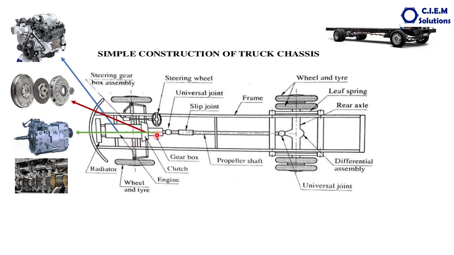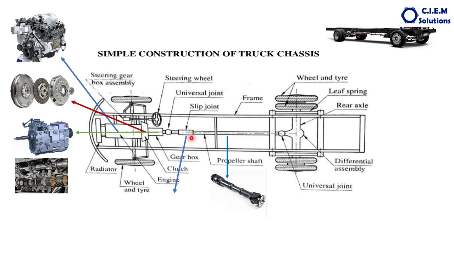Then after the gearbox, this device is called the propeller shaft. This is the propeller shaft. From gearbox to differential. This is a long steel tube made of two pieces connecting the gearbox with the differential.